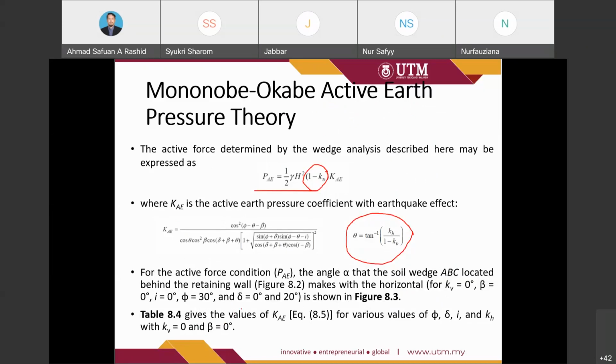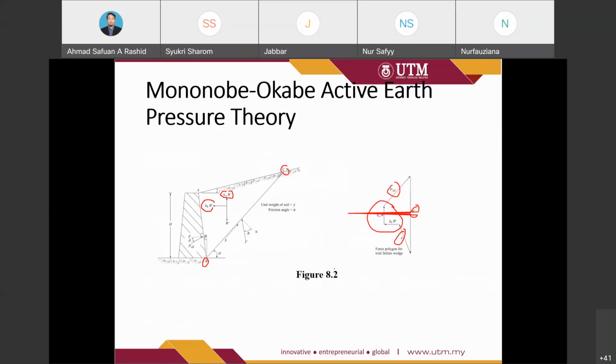So actually the alpha is not really important if we rely on this equation. It is just to get the alpha value, to know what would be the angle of the failure plane.